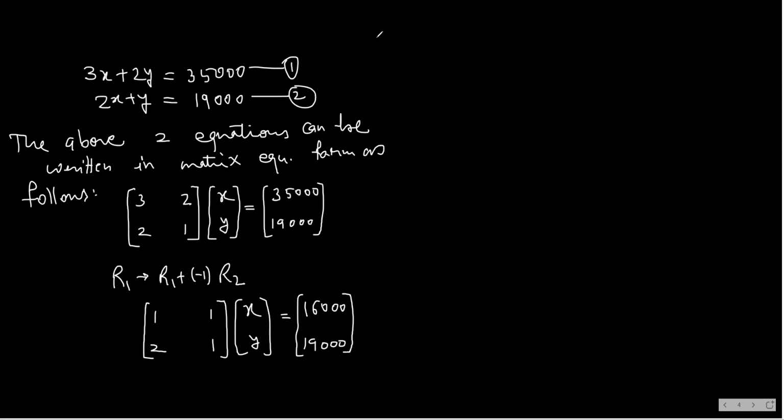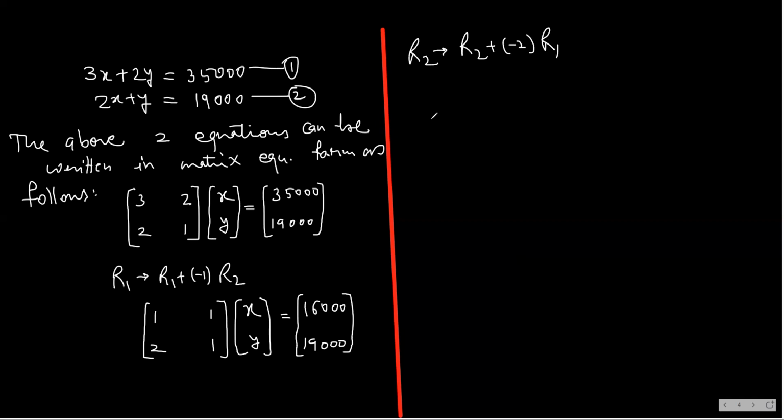Now in the next step, using this 1, I'll get 0 here. And for that, you know the method. The transformation would be R2 changes to R2 plus minus 2 R1. Multiply minus 2 in R1 elements and add it to R2. So 1, 1, and here I'll get 0, multiplying minus 2 and adding. I'll get negative 1 here.